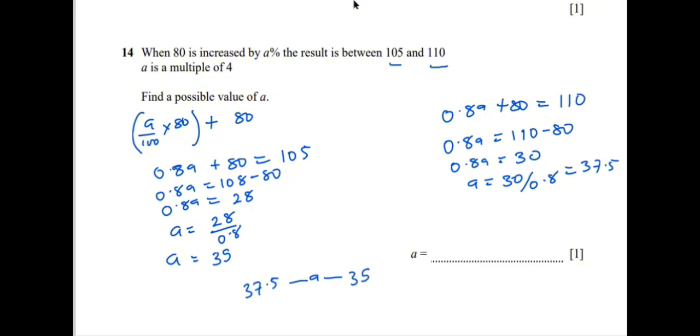Which number is divisible by 4 and lies between them? That will make our A equal to 100. This is the only value that is a multiple of 4 between 97.2 and 101.9.